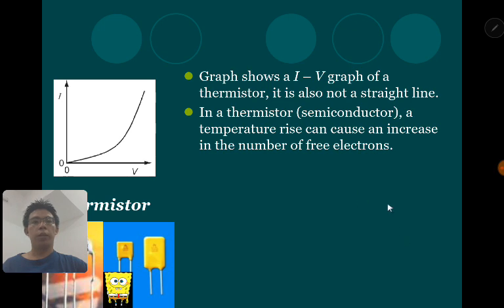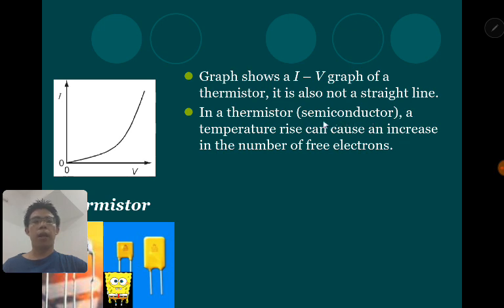So let's look at the explanation here. When temperature rises, it can cause an increase in the number of free electrons. For a semiconductor, the difference is that it doesn't have all its electrons moving freely, compared to the conductor.